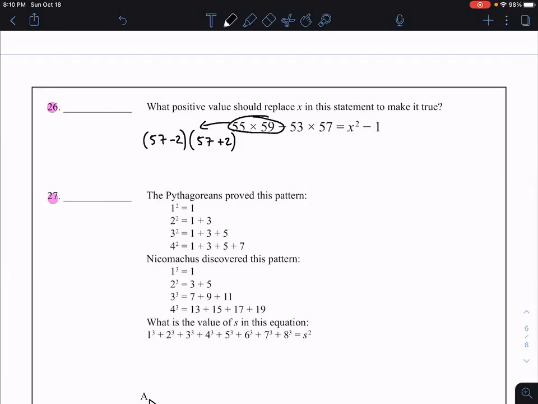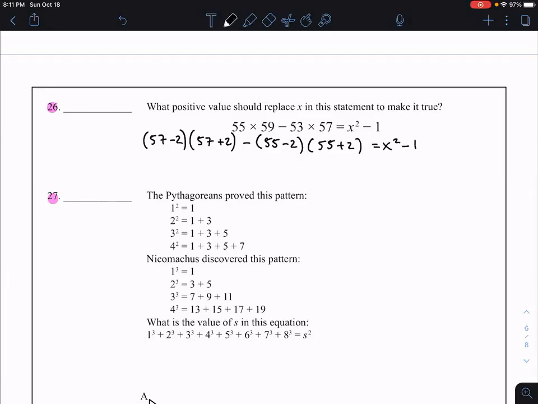And then, this thing can turn into 55 minus 2 times 55 plus 2. And this is equal to x squared minus 1.